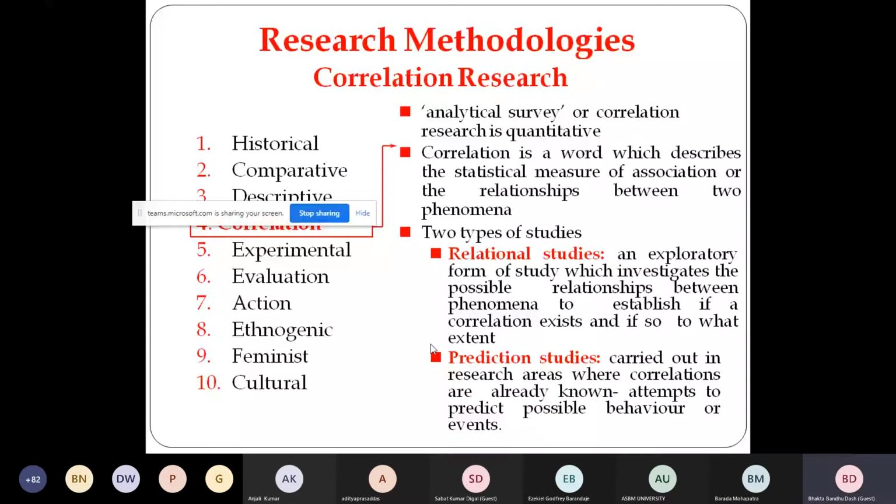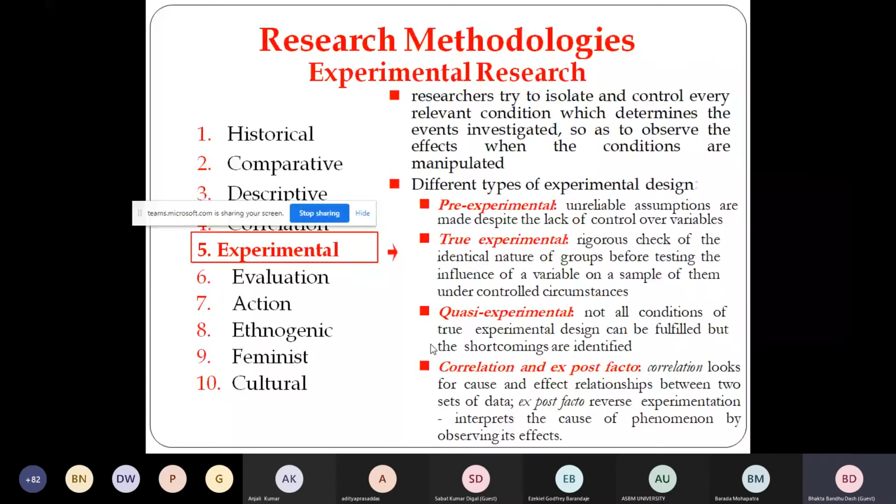And a prediction study is when you talk about the futuristic relationship, that is predictional research. The next one is experimental research, which you will mostly encompass, and all your research design is focusing on this particular area of research.